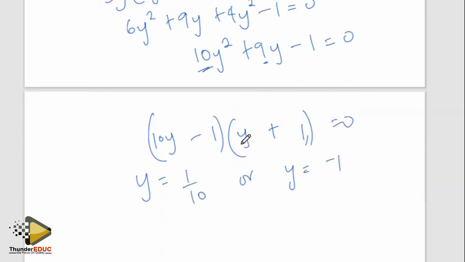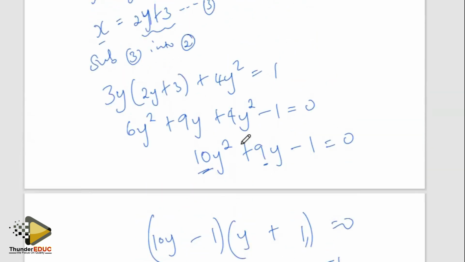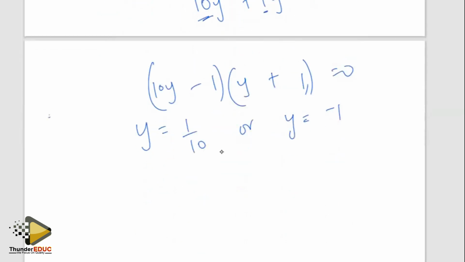Then I substitute this into my equation 3. So 2y plus 3 is our x. So if I substitute that, that's going to be 2 over 10 plus 3, which gives me 16 over 5, because we said it is 1 over 5 plus 3 is 16 over 5.